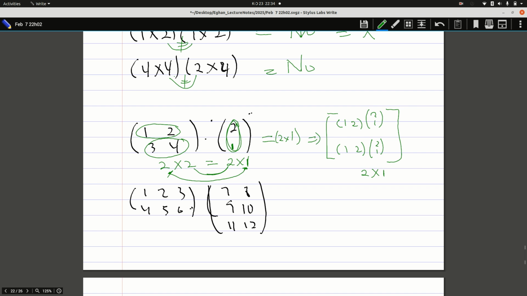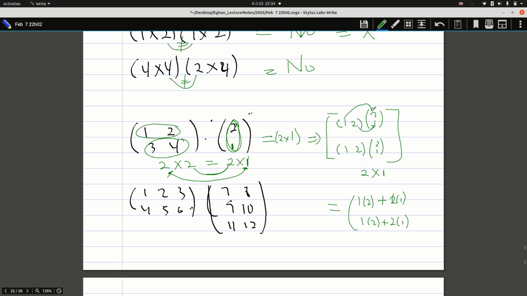And let me see if I can help you with the answer. So I have 2 by 1 plus 2 by 1. I have 1 by 2 plus 2 by 1 here. This takes that plus this takes that.